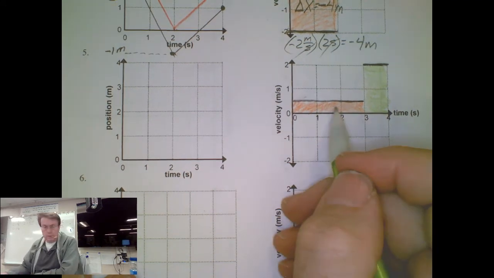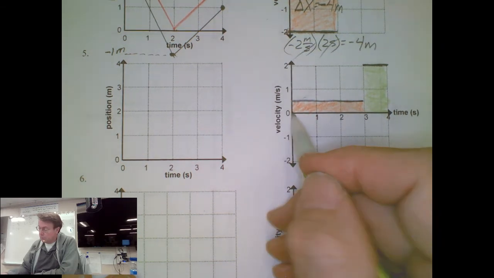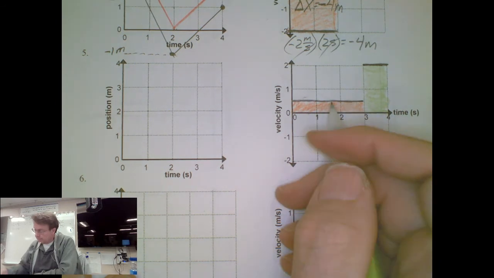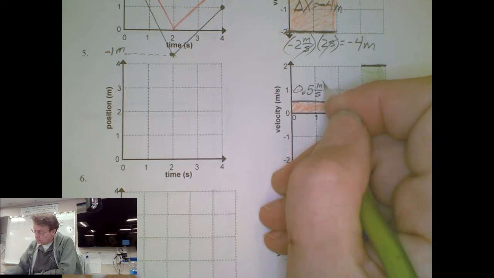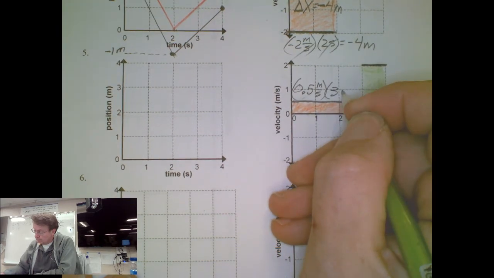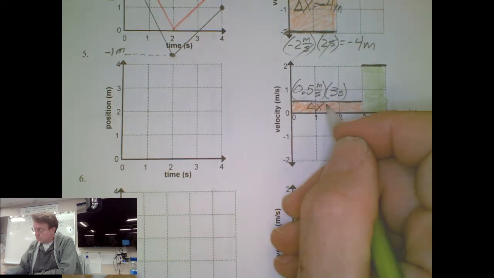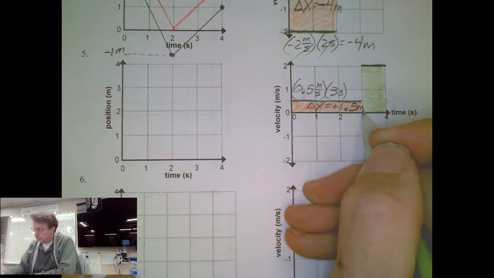Now, figuring out these areas, this has a height of 0.5 and a width of 3. So 0.5 times 3 gives us a displacement of positive 1.5 measured in meters.